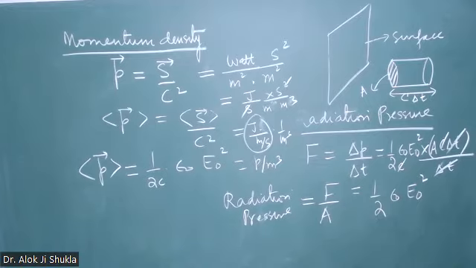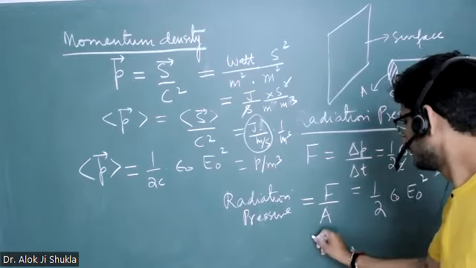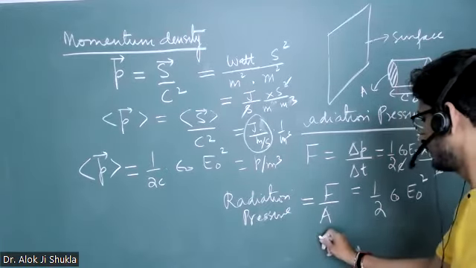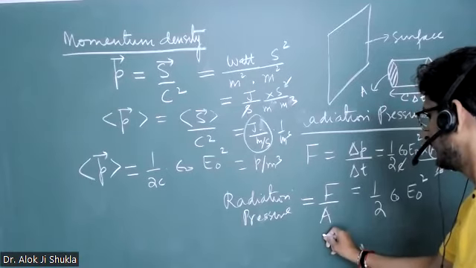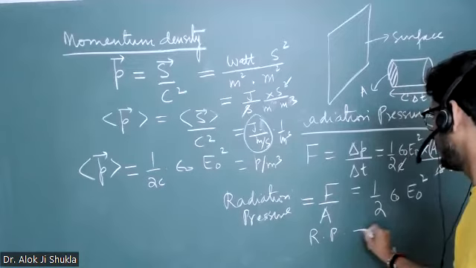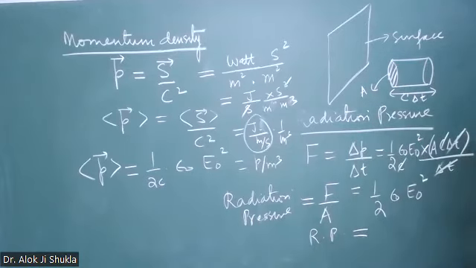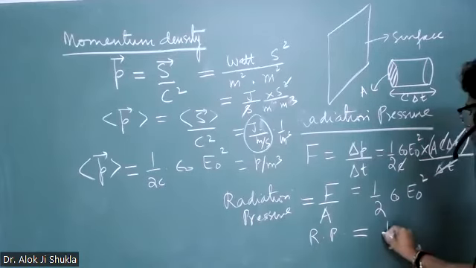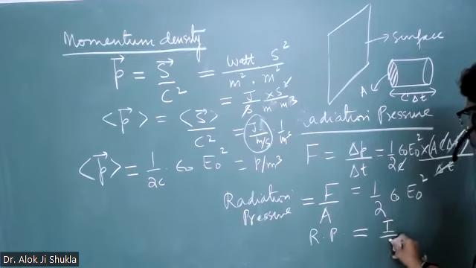What was intensity? Sir, इसी को C से multiply कर दूंगा. So radiation pressure will be equal to what? Intensity divided by C. This is very important formula.